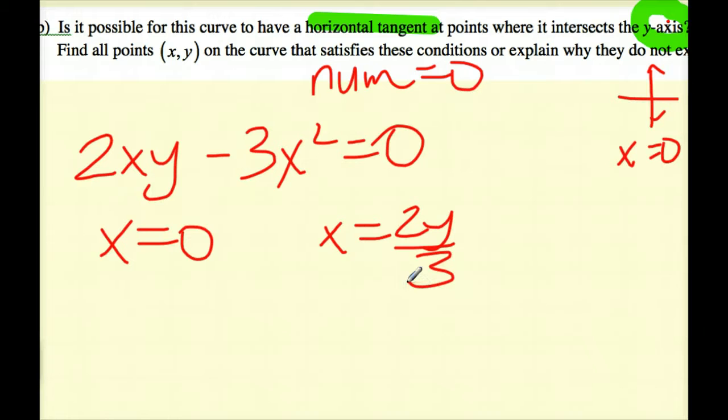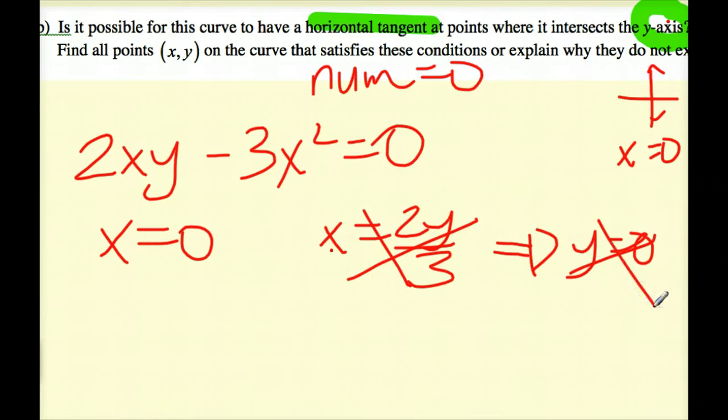Well, if x is 0, we want to check what happens to this. And we can already cross this one out because we already said that if x is 0, y is equal to 0, but we knew that failed.